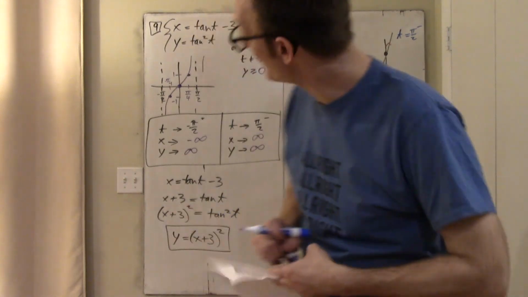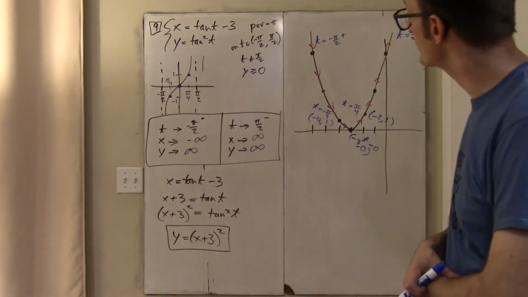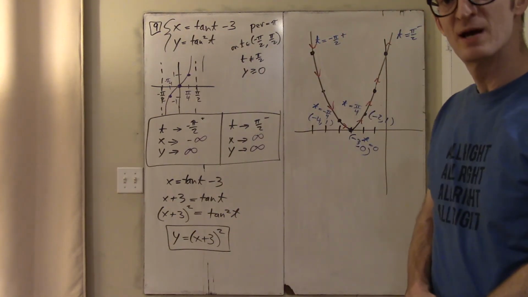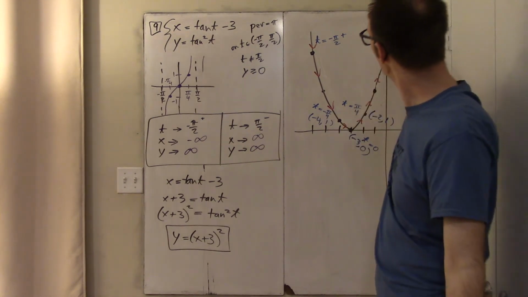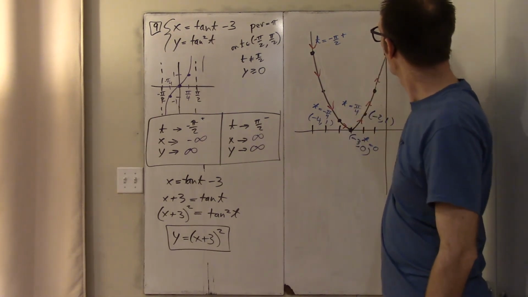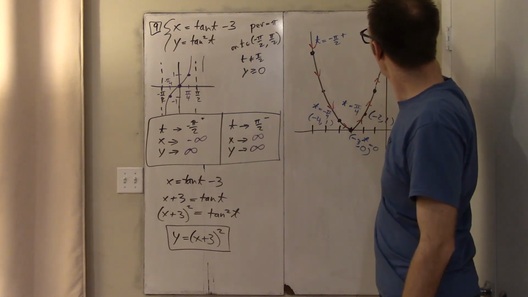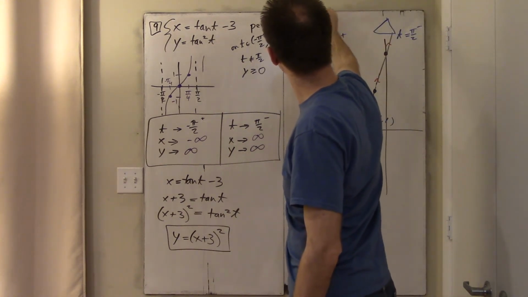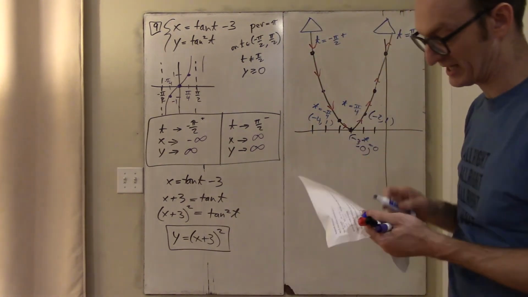Okay, there's one last thing to note, which is that this thing repeats every pi over 2. And so as soon as I hit pi over 2 minus, where do I end up at pi over 2 plus? Instant teleportation back again.